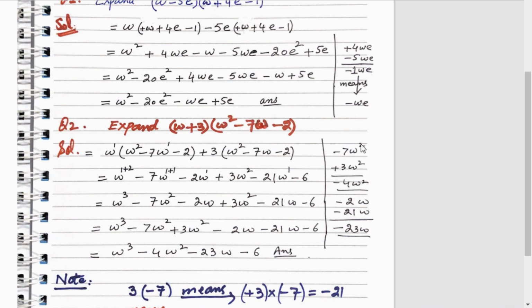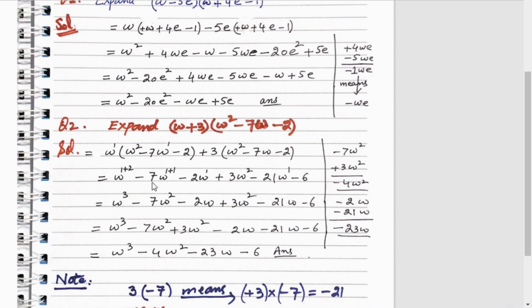Never add up the powers while you are doing addition or subtraction. Powers are added up only in multiplication, when you are multiplying the variables. When you are adding or subtracting terms, the same variable will come with the answer. I think it's clear to you all.